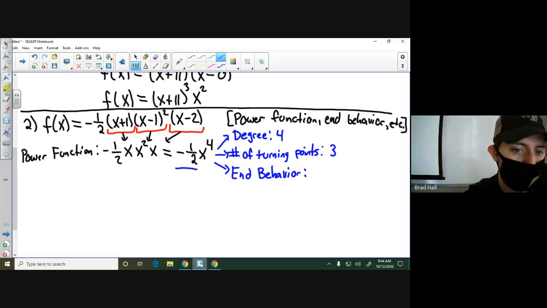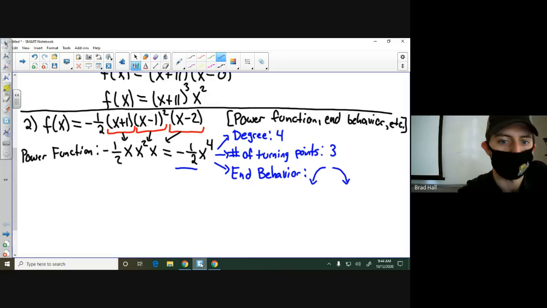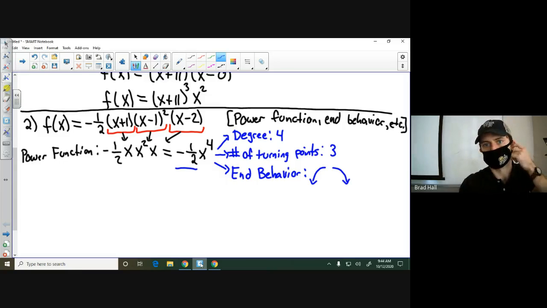So the end behavior, if you recall from the notes, is going to be this shape, where there is a gap in the middle, because this is end behavior, not middle behavior. This only tells us what the ends look like. So that's what the power function gives us. That's a lot of important information right there. The degree, the number of turning points, and the end behavior.